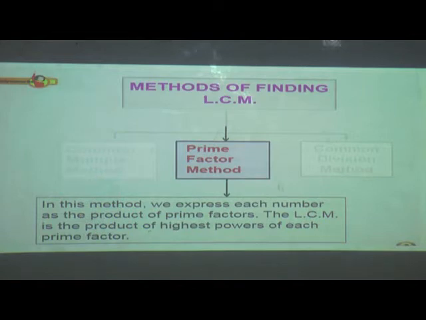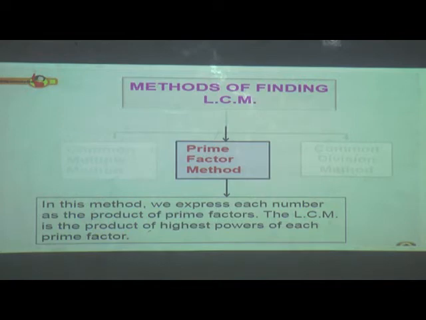Next is the prime factor method. In this method, we express each number as the product of prime factors. It means when two numbers are given, we first find their prime factors.